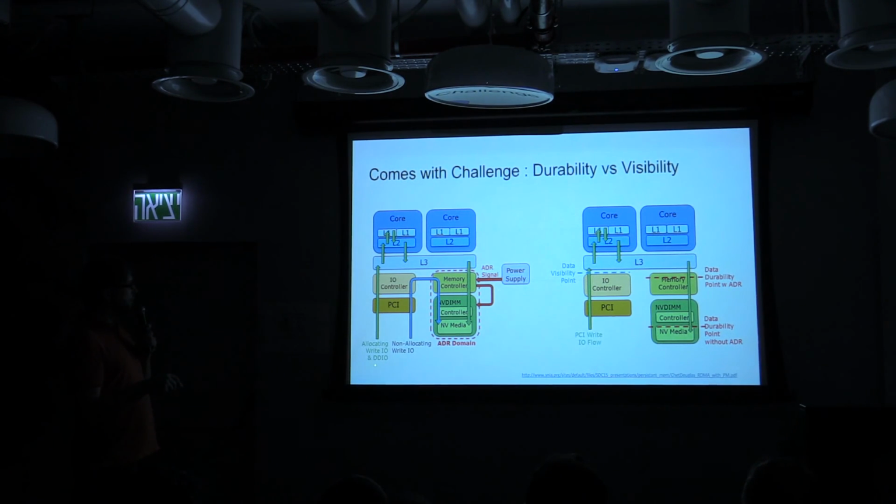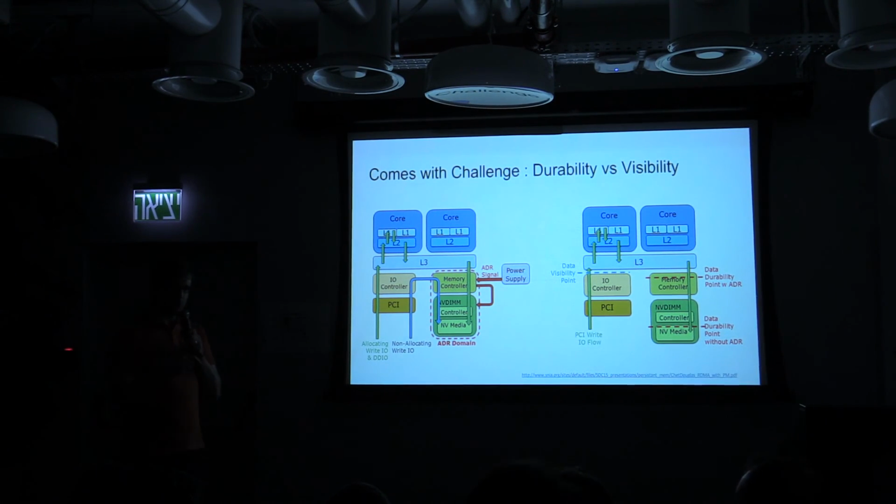One is the allocating write with DDIO, which is the standard way, and the other is the non-allocating one. That's an option that doesn't exist everywhere, but some RDMA cards enable it. It literally bypasses everything and you go straight down to the NVDIMM domain.